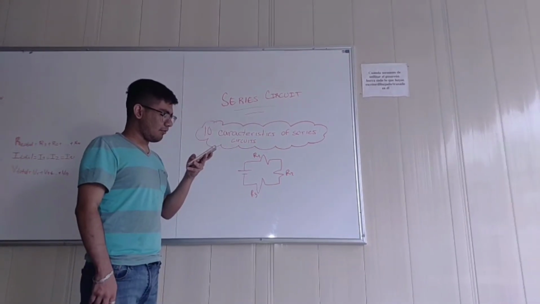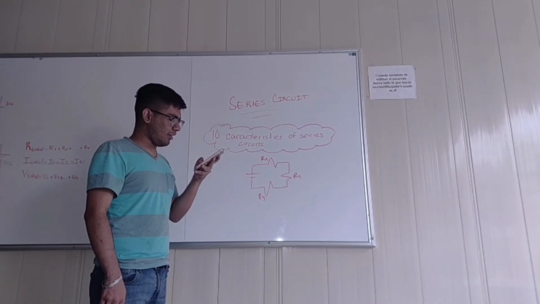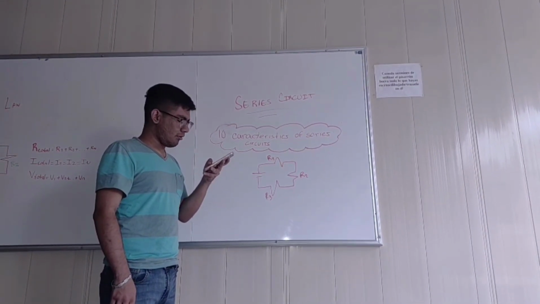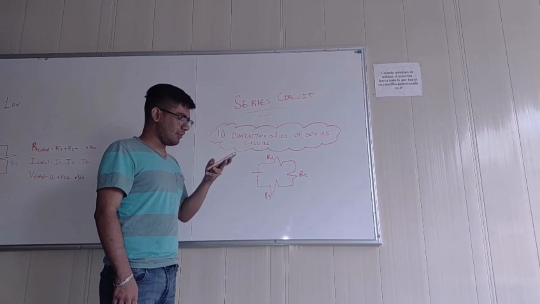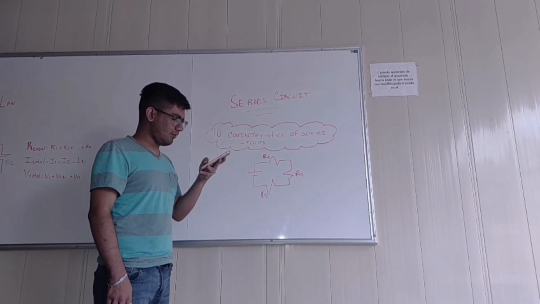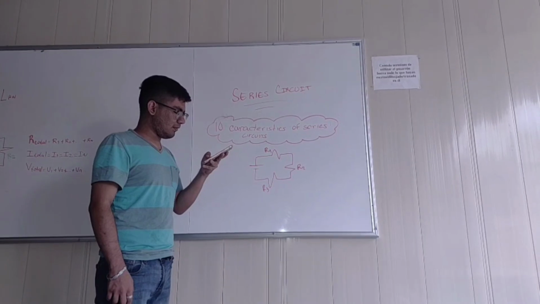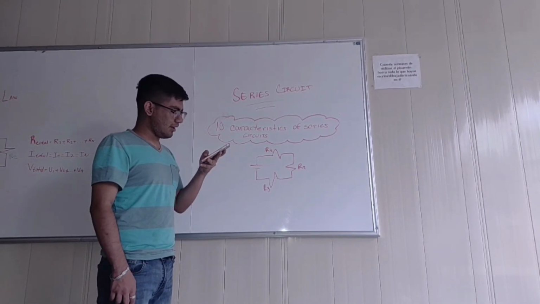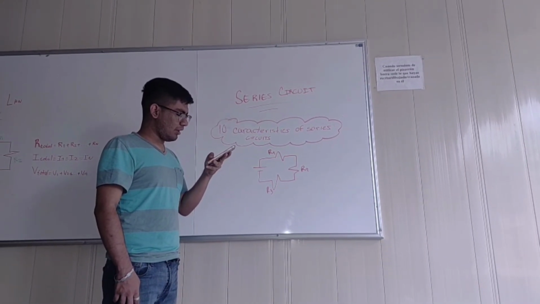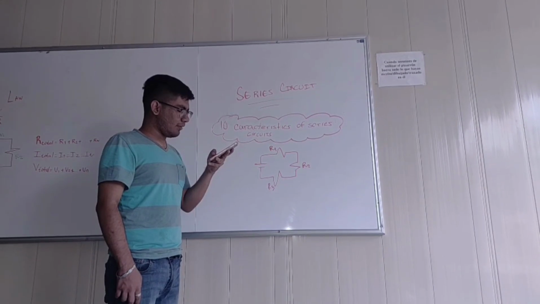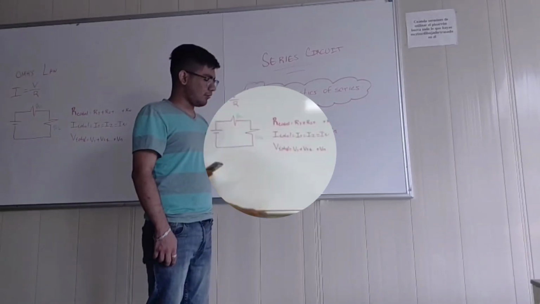The total resistance is equal to the sum of the individual resistances. 9. The total voltage is equal to the sum of the voltage across each of the devices connected in series. 10. The elements are not independent, so the components must operate simultaneously.